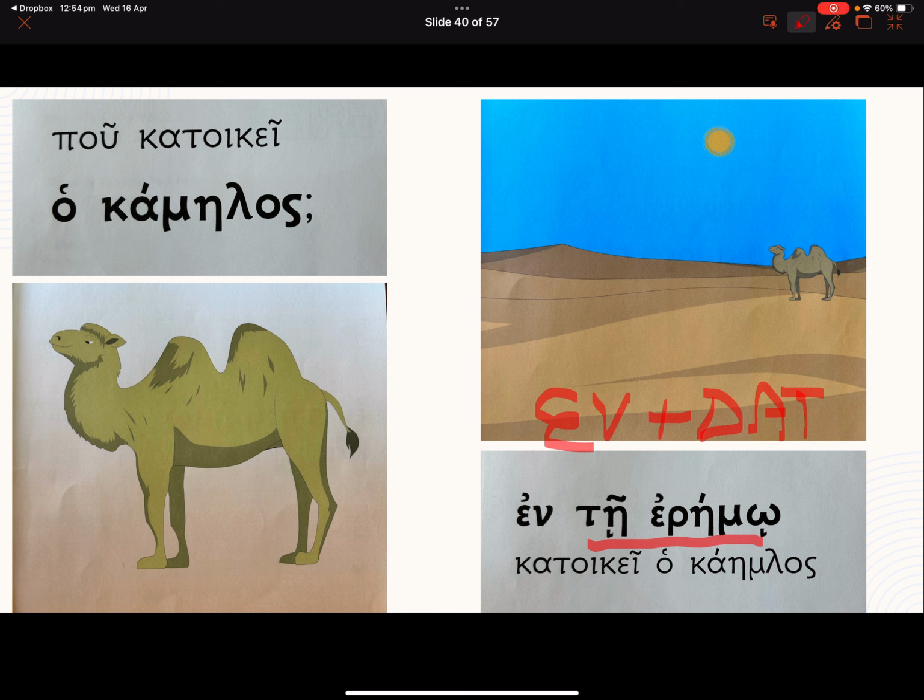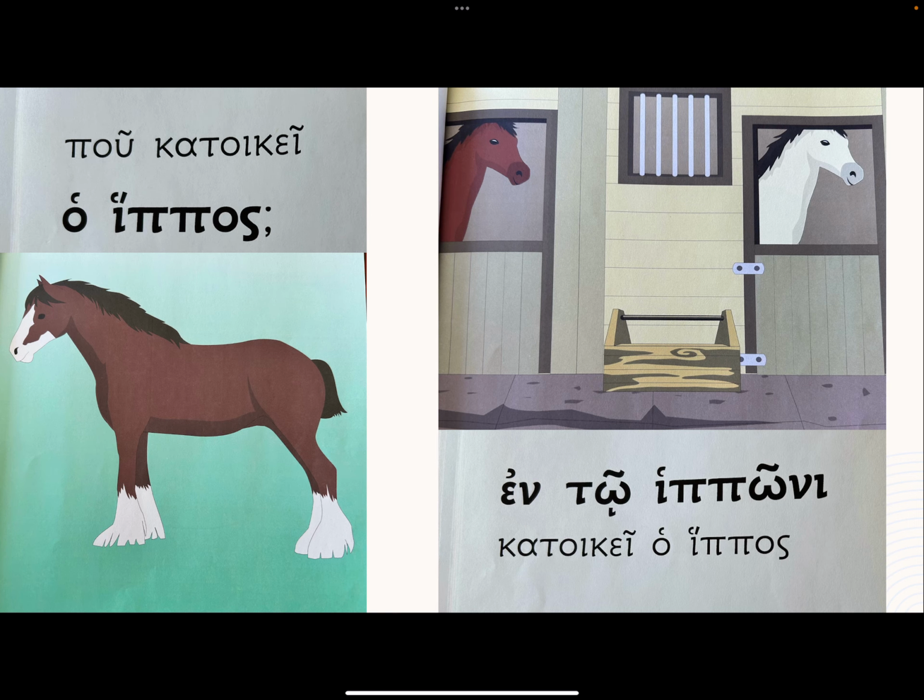And for each example in this book, because it's asking the question, in this case, where does the hippos live? Where does the horse live? Again, we've got en followed by the dative. En to hipponi. In the stable. In the stable lives the horse.